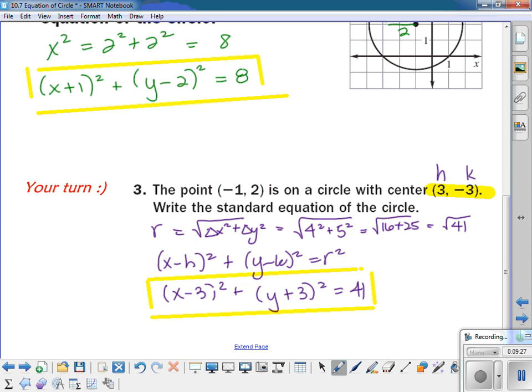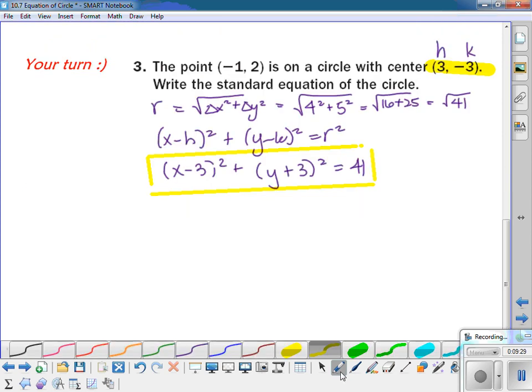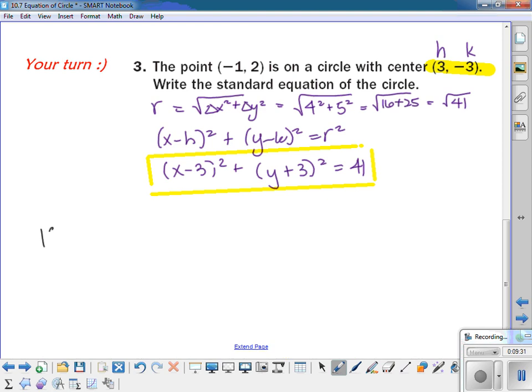Also, let me just make a note that if they give you 2 points on a circle, like if they tell you that they're the endpoints of the diameter, because you might see a problem like that, then how could I find the center?